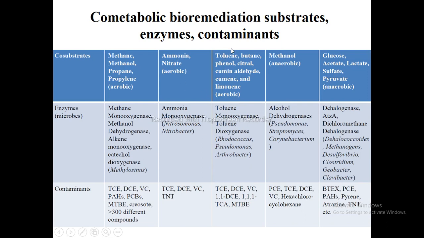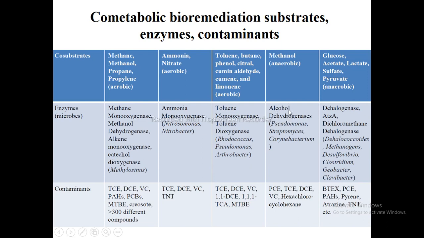Then some comparatively recalcitrant compounds like toluene, butane, and phenol can also act as co-substrates for degradation of contaminants like these. For these, specific oxidase enzymes like toluene monooxygenase and dioxygenase will be required, and also methanol in anaerobic condition can serve as a co-substrate for xenobiotic degradation of PCE, TCE, DCE, etc.